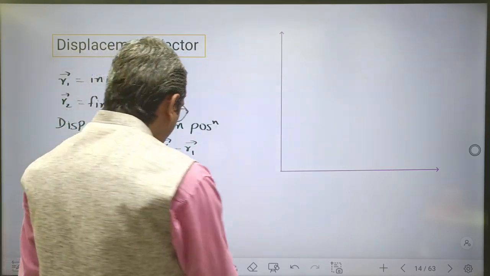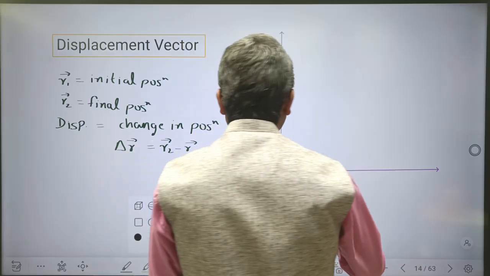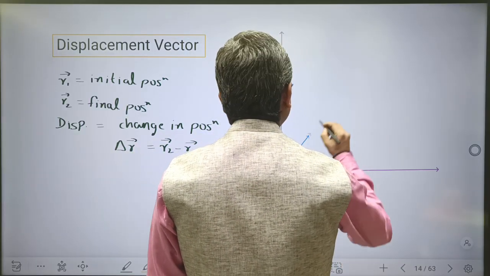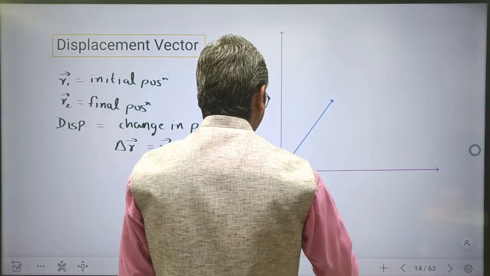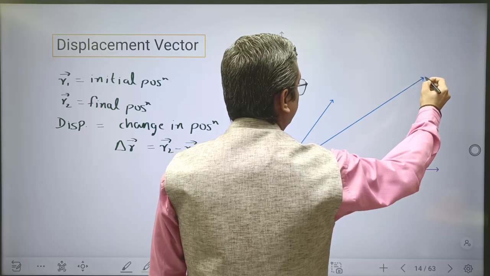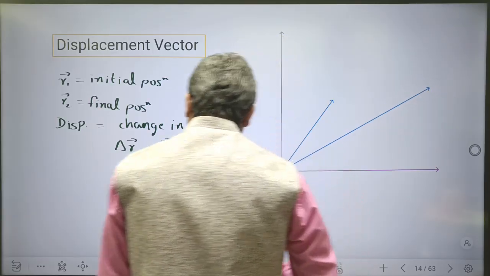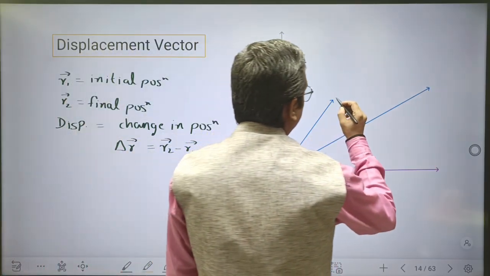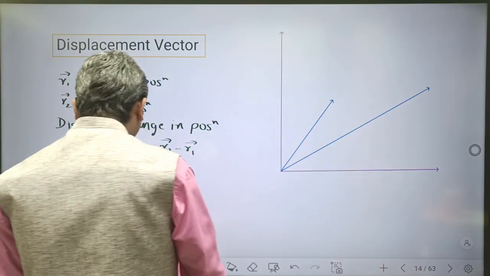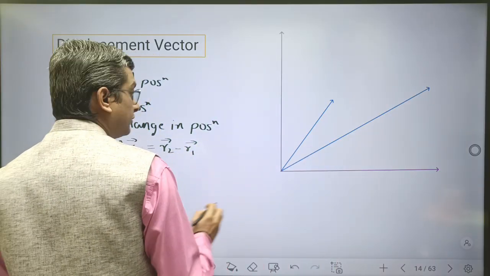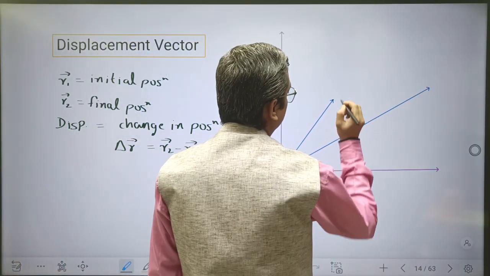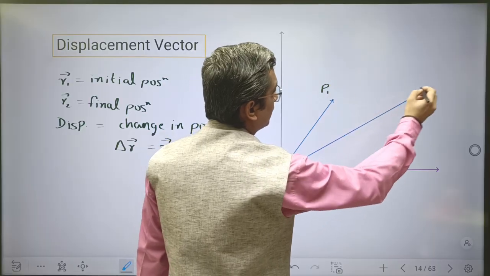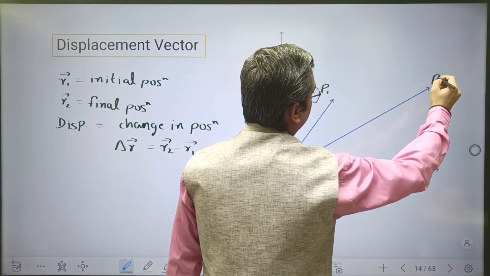So in a diagram, how can you plot it? Suppose the particle is initially at point P1, then the particle reaches point P2. So this is P1, the particle's initial position, and this is P2.